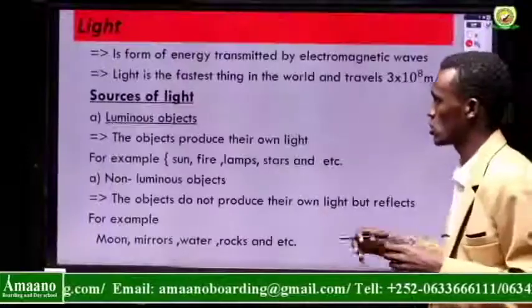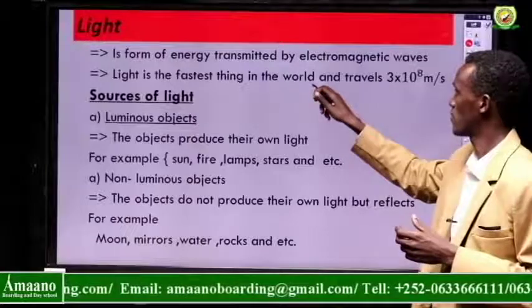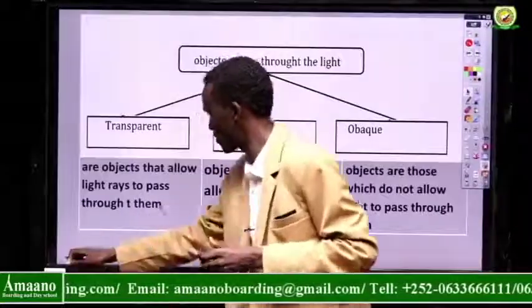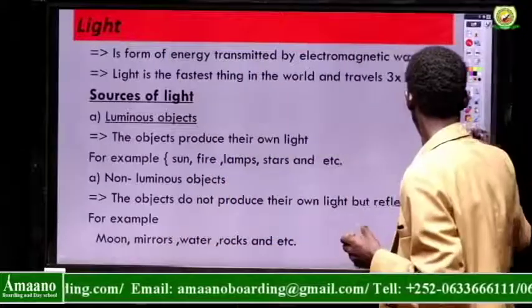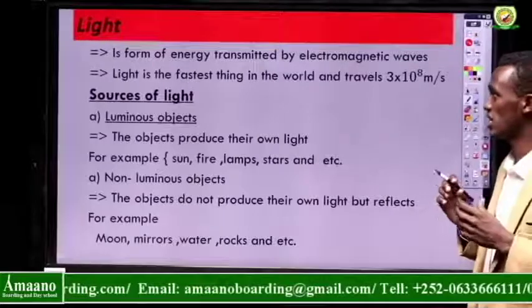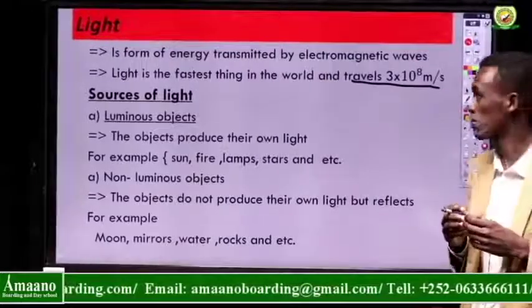Okay, so light is the fastest thing in the world and travels 3 times 10 to the power 8 meters per second.